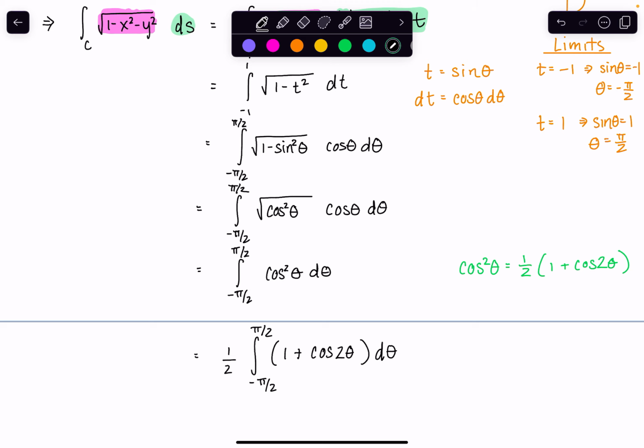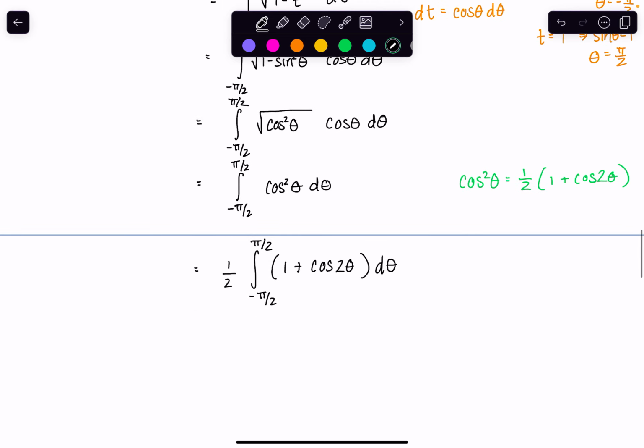And now we're all good. We can take the antiderivative. That's theta plus 1/2 sine of 2 theta, evaluated from negative pi over 2 to positive pi over 2.